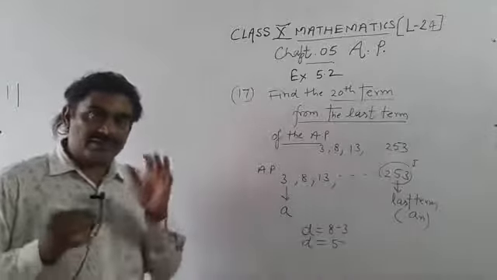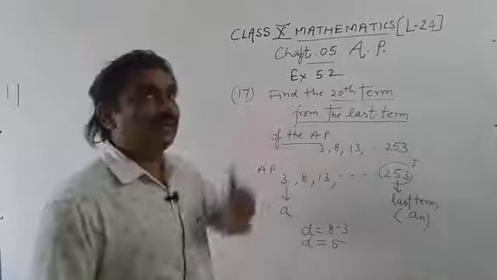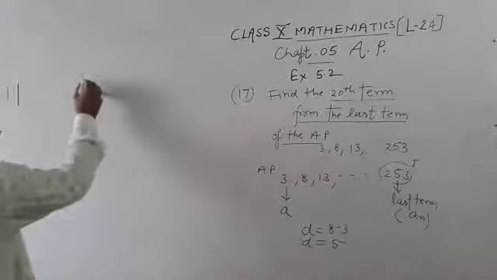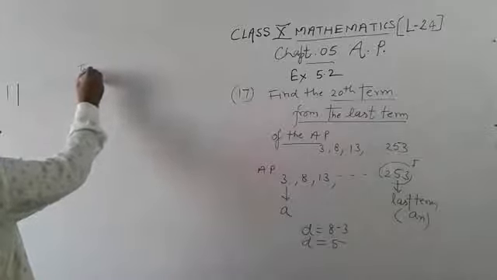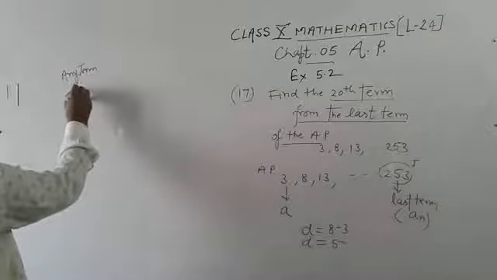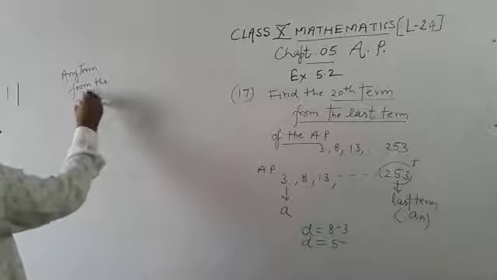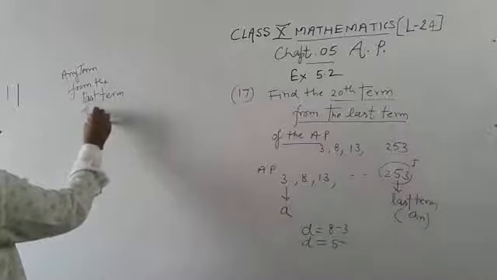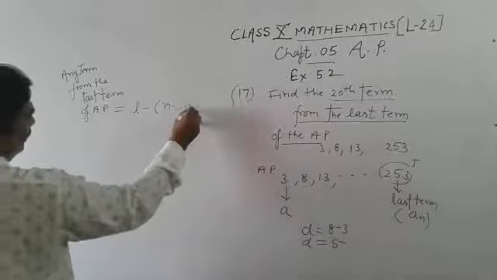If a question is given to find any particular term from the last term of an AP, then we use the formula: any term from the last term of the AP is equal to L minus n minus 1 into D.